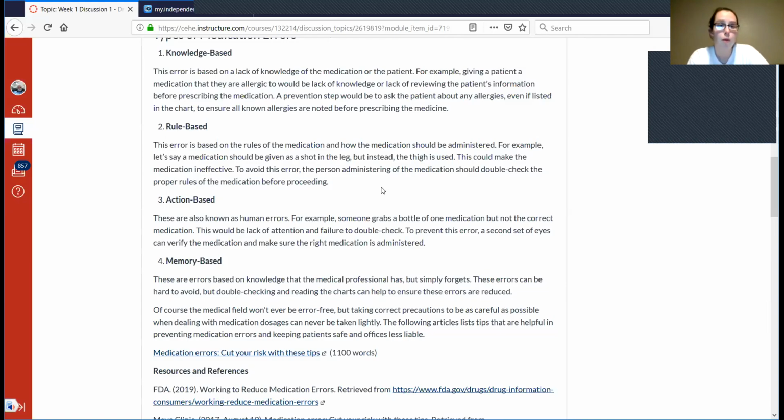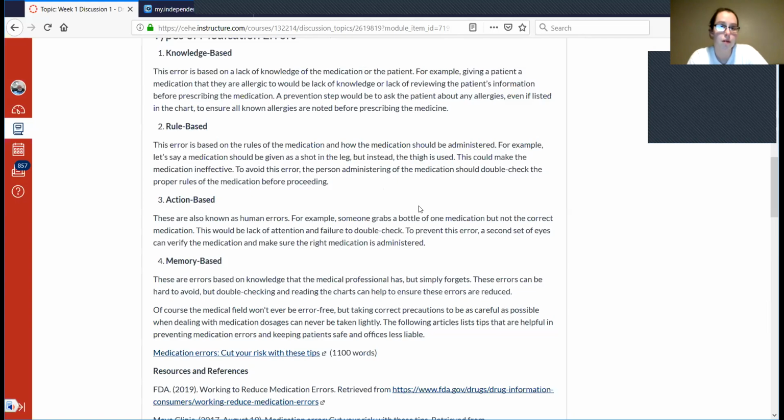So that is an action-based mistake. Another could be basically not counting out the right dose. So there's two problems with the wrong dose.